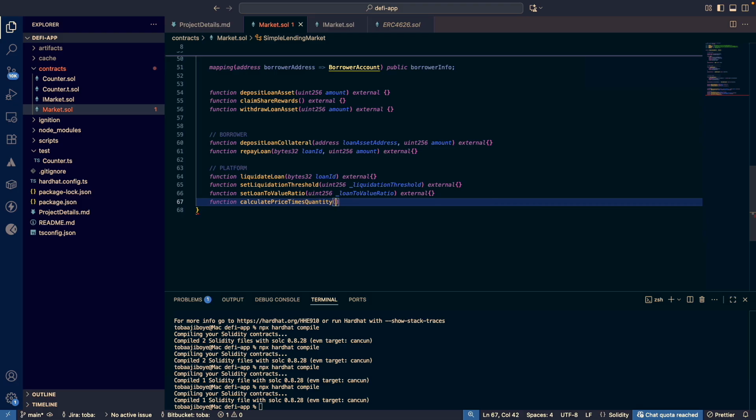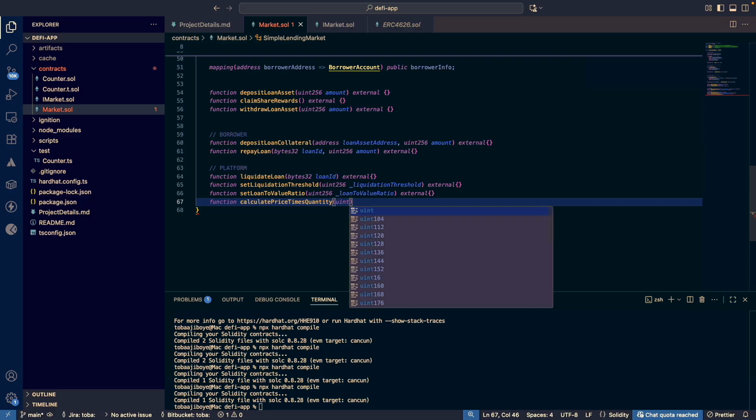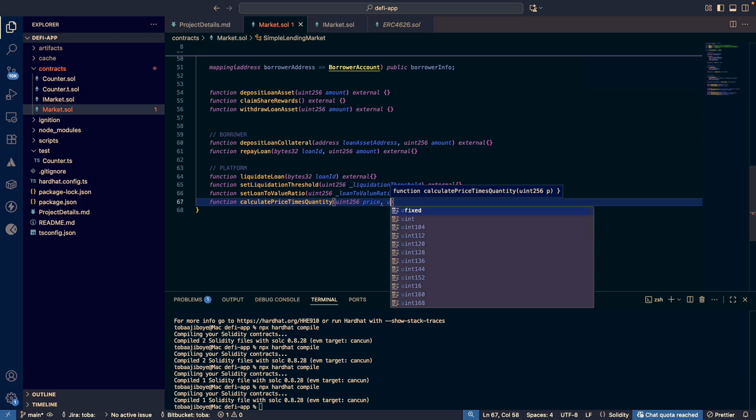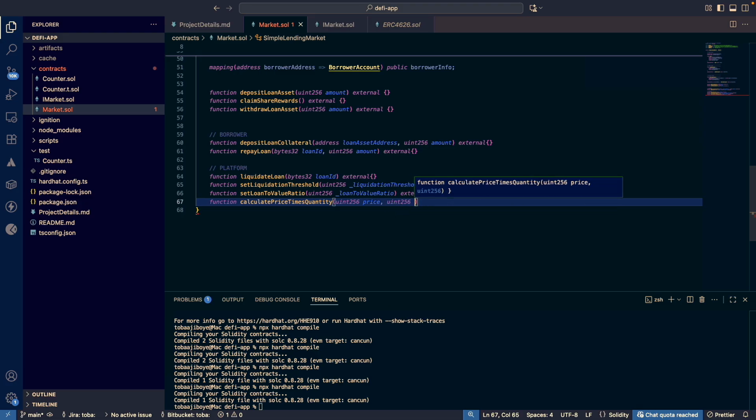Let it be as explicit as possible. uint256 price, uint256 quantity. Okay, and then this is going to be internal view returns uint256.